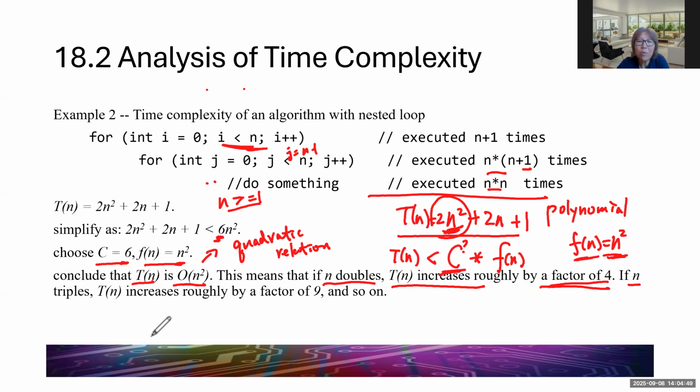If n triples, then the time to run compared with size n will grow by a factor of 9. So it always follows the n squared trend. So it's quadratic. Clearly you can see the time to run in this case is going to be longer than linear.